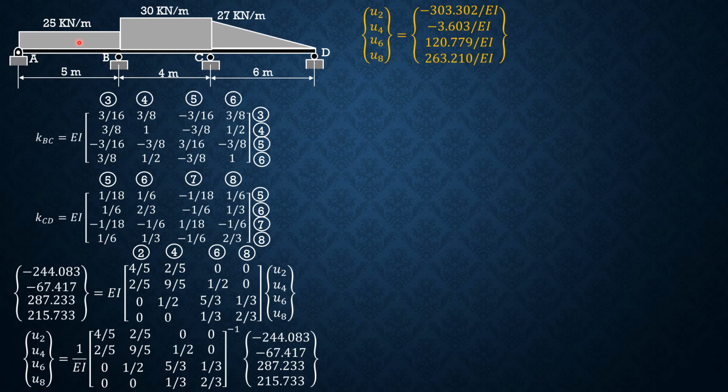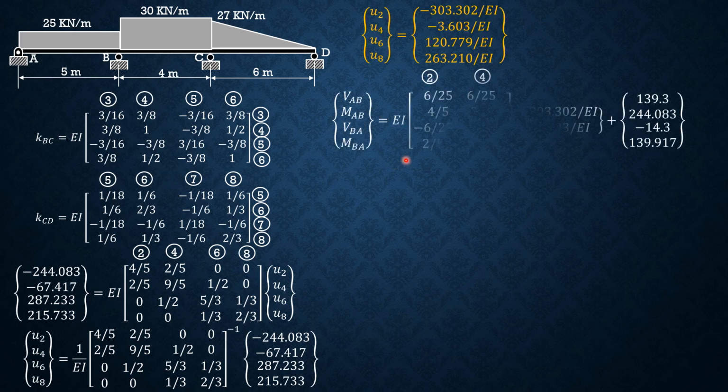Negative rotation means clockwise, and positive rotation means counterclockwise, which is the universal sign convention.